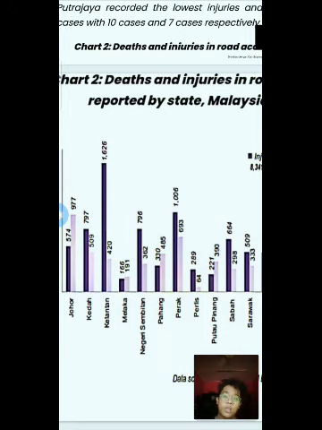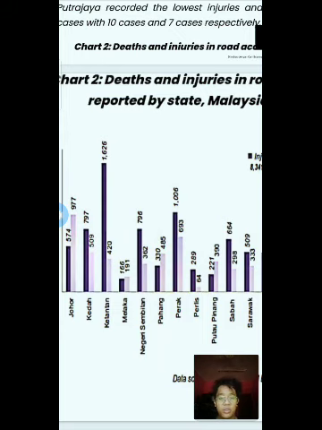Perak, the injuries are 1,006 and deaths are 693. In Perlis, the injuries are 289. The deaths are the lowest, only 64 cases, while in Pulau Pinang the injuries are 221, but the deaths are 390.